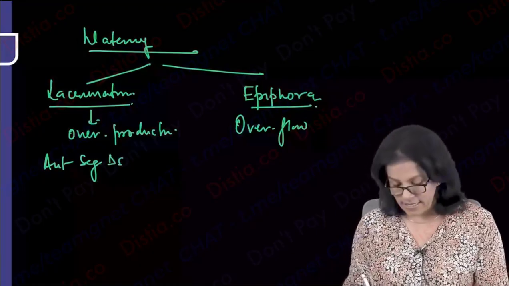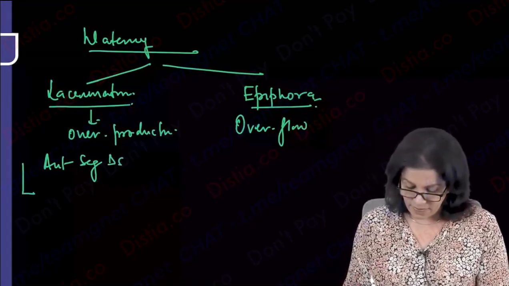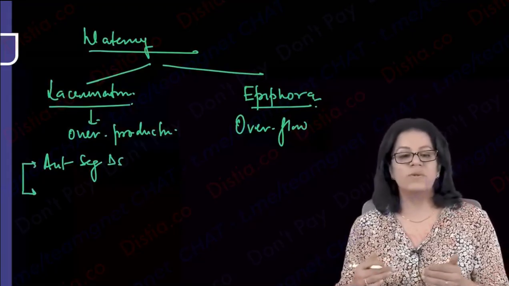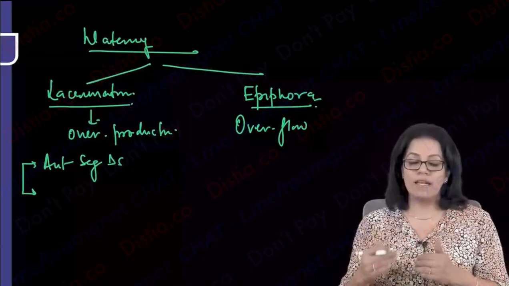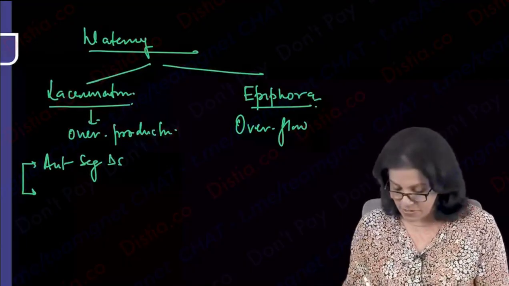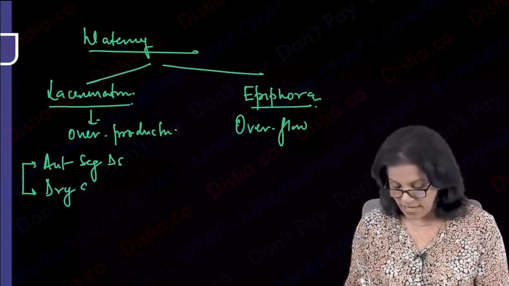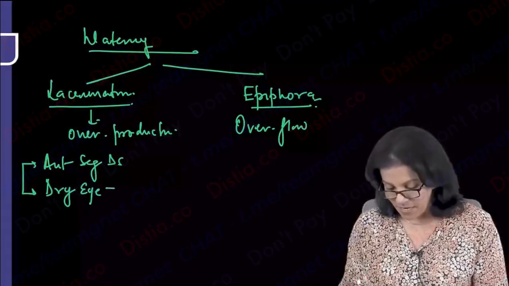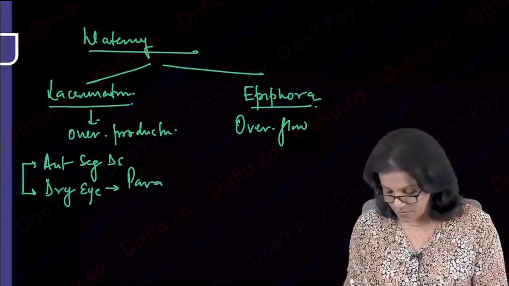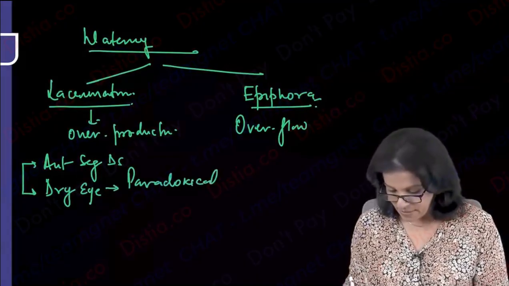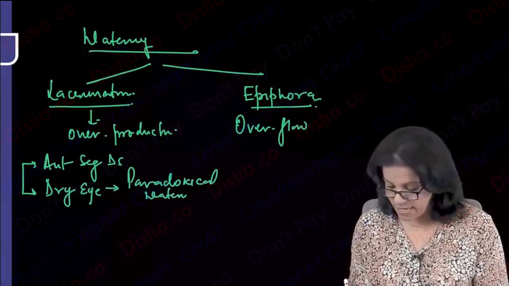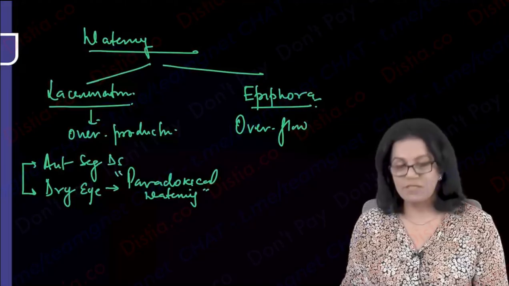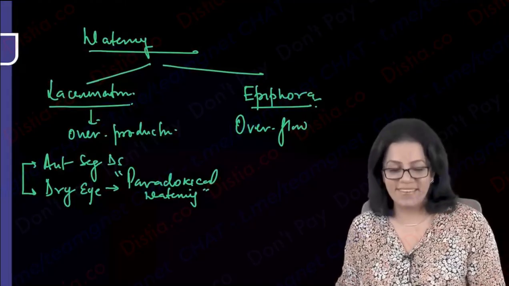Correct? What else? Okay, this is an interesting term. If you want to just know this, there is one thing called paradoxical watering. This happens in dry eye. So though there is dry eye and deficiency of tear, still the patient is complaining of watering. This is called paradoxical watering. Dry eye can be due to many conditions, so it's a vast topic if we go at the PG level.